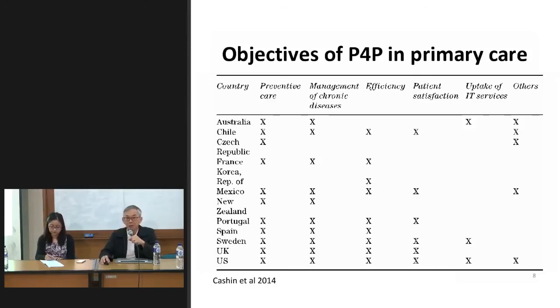For the management of chronic care, it can be, for example, diabetes or heart disease.